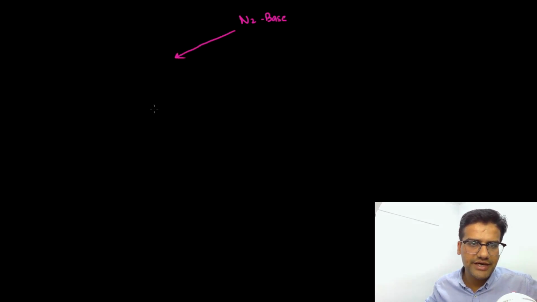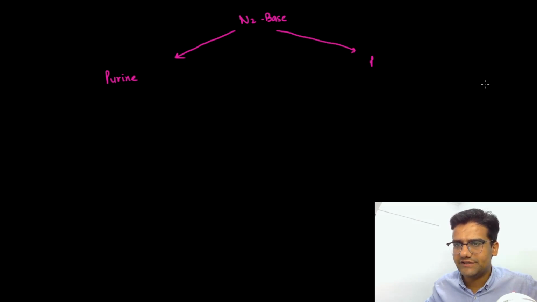So the nitrogenous base, you know, can be divided into purine or it can be divided into pyrimidines.